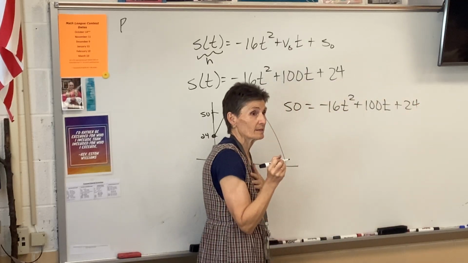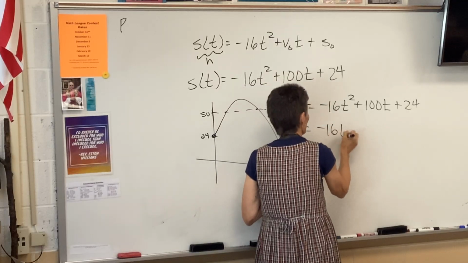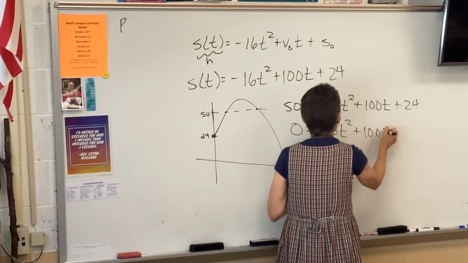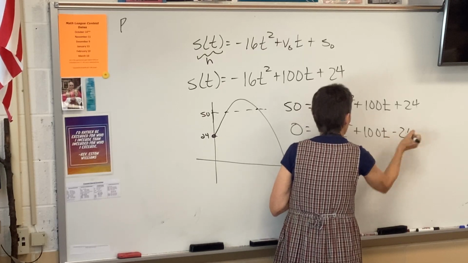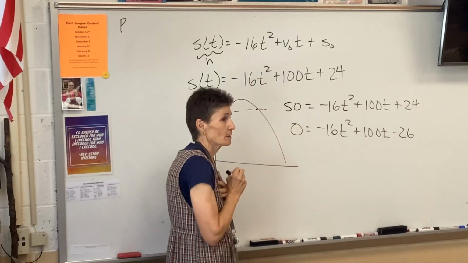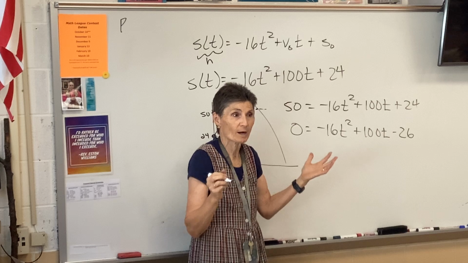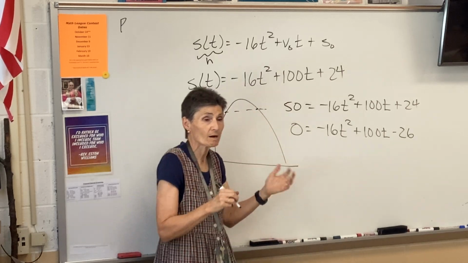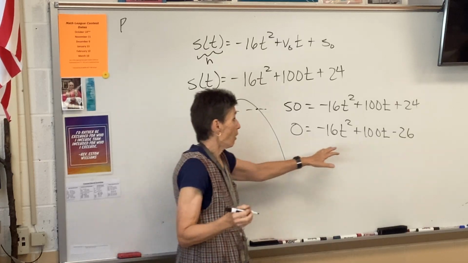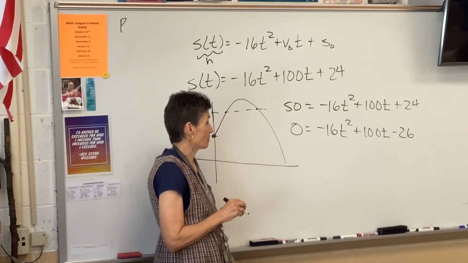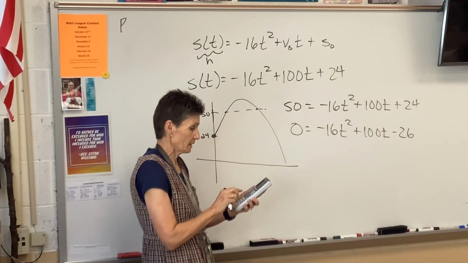If I'm doing this by hand, let the height be 50, set this quadratic equal to 0, and then solve it using some method: the quadratic formula, completing the square, something. These are awful numbers, you're gonna get some crazy radicals, but it could be done by hand. It can also be done on our calculators.